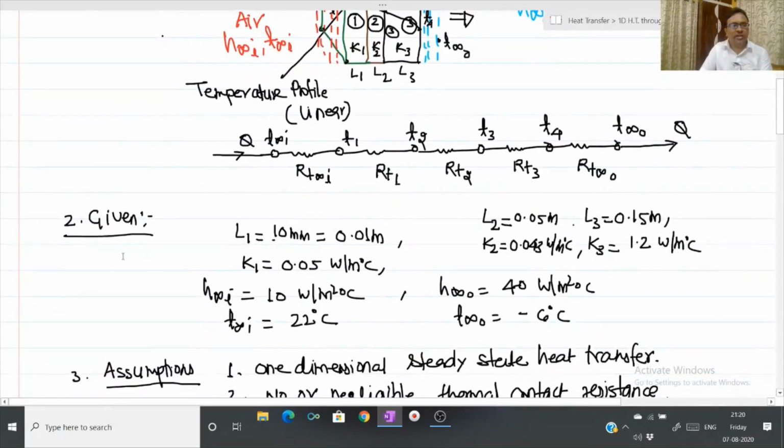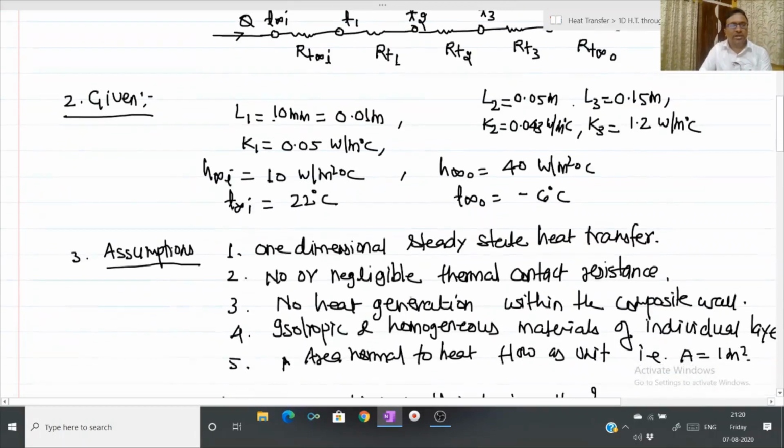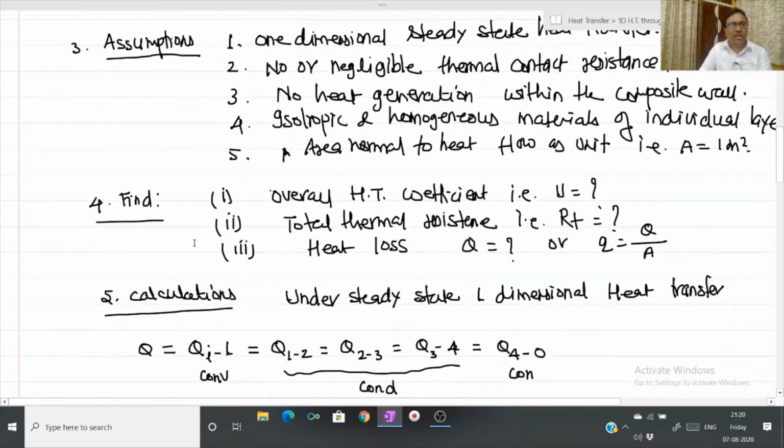Then we have enlisted all the important given things. Then there are assumptions involved. Then we have also summed up what is to be found out, so that it will be bearing in our mind that these are the parameters we need to calculate. So what are the formula we are supposed to use?